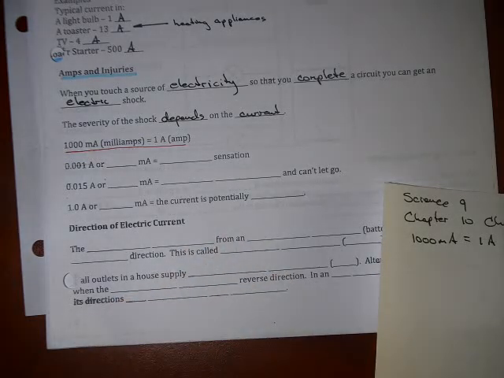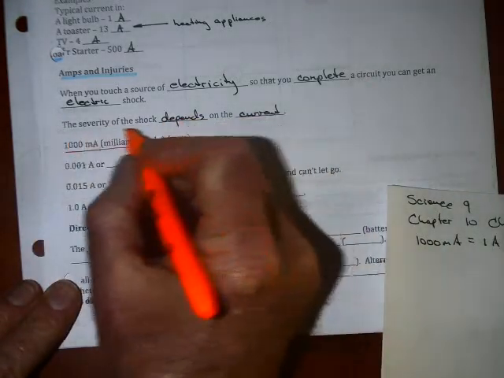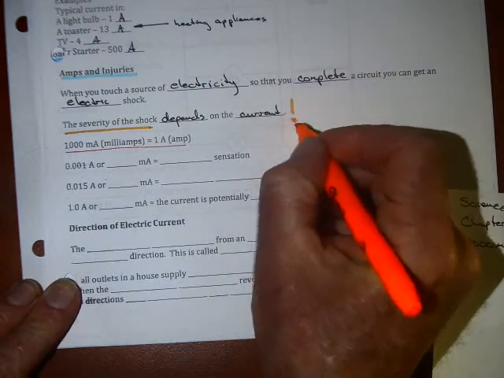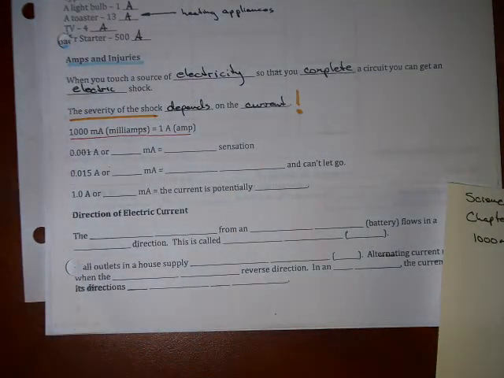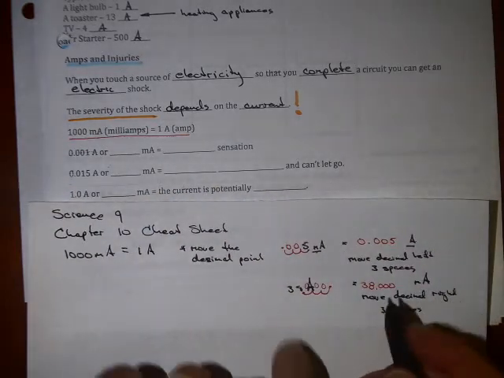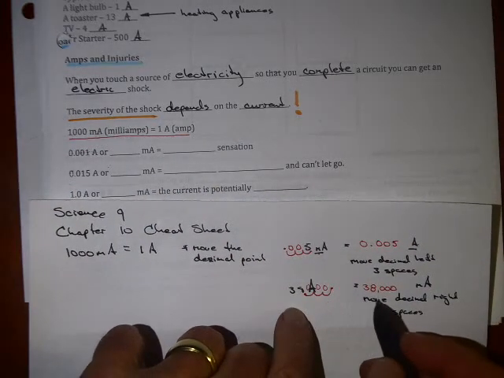Okay? So, that aside now, when we're talking about severity of shock, so how bad was the zap? 0.001 amps, or how many milliamps? Well, I'm going to move that 3 spaces, right?